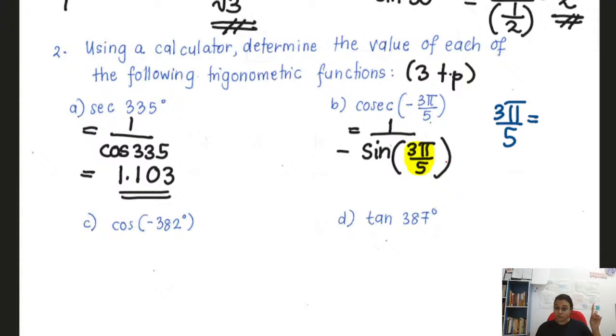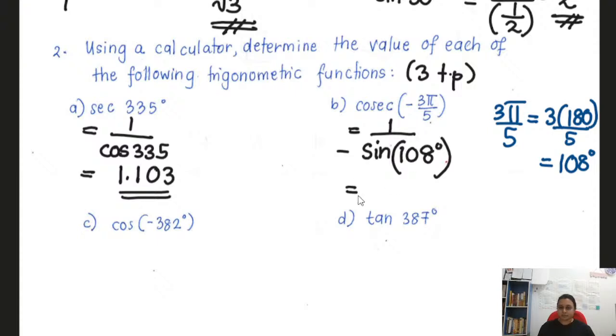Remember bab 1? Sukatan membulat, circular measure. So pi is 180, right? You get the sudut first: 3 times 180 bahagi 5. So the sudut ialah 108. So you masukkan sini 108. I think now you will get. Sekarang dapat the correct one.